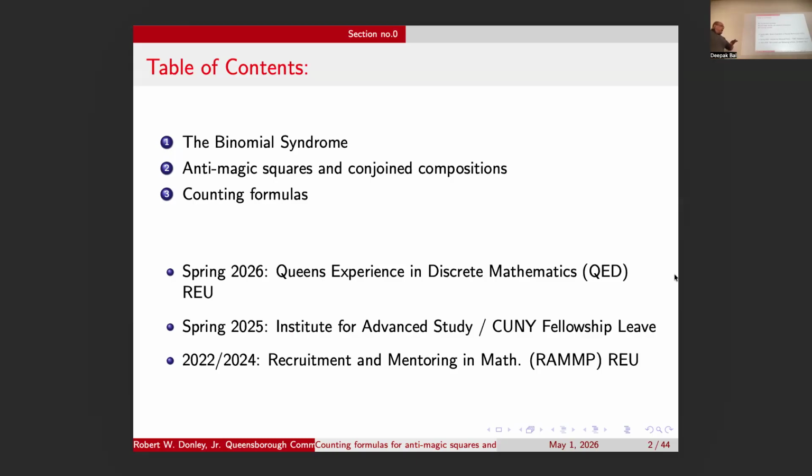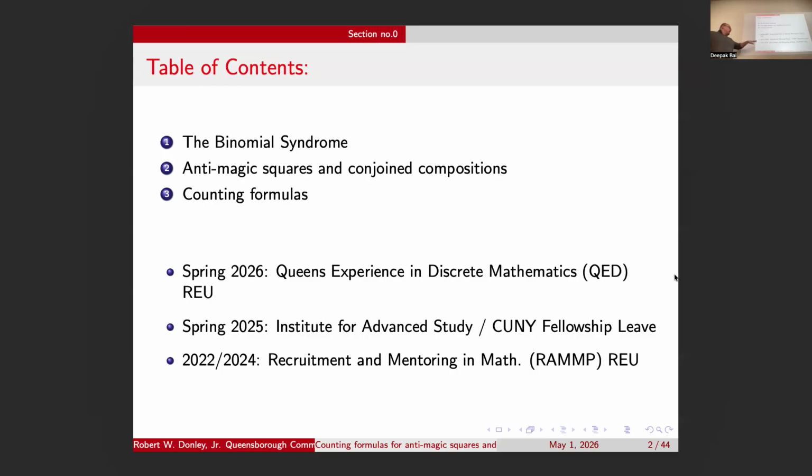I'll note where this is coming from. Anti-magic squares kind of came onto my radar a while ago, 2022. Magic squares are probably too difficult for undergraduates. So the question is, what's a lot like magic squares but not quite so difficult, and that's anti-magic squares.